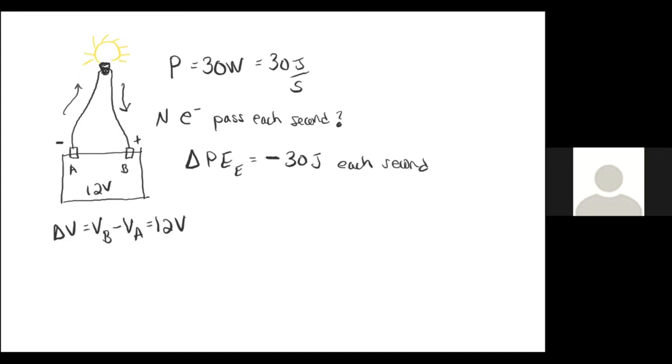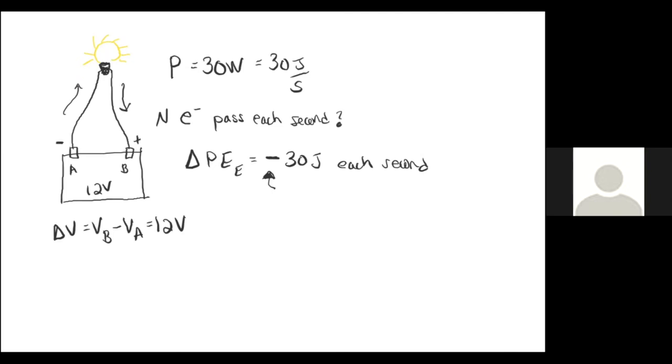Again, our battery does work, so it's losing energy. So the change in potential energy in this system is going to be a negative quantity because our battery is losing energy in this process.